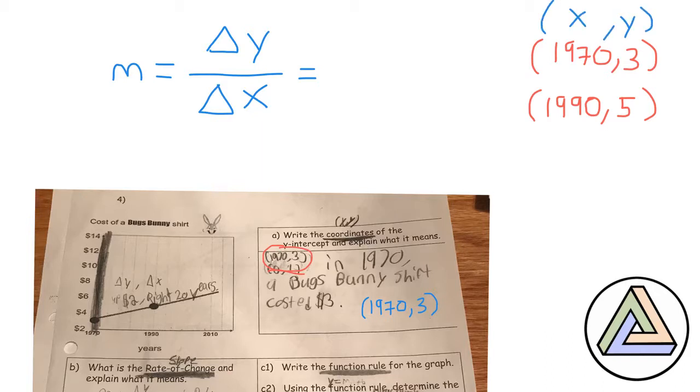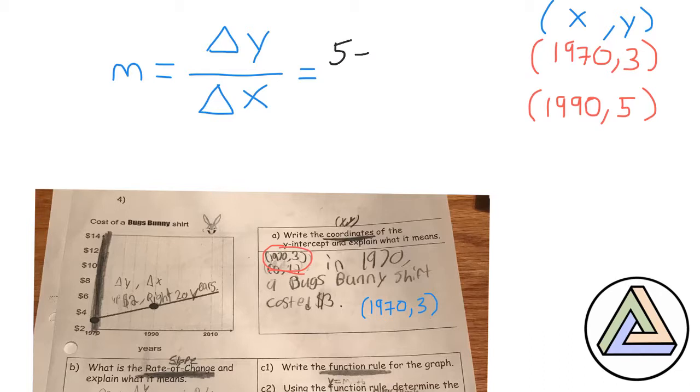So when we're dealing with the change in y, we want to deal with the change in y's here. And the change in y's would be 5 minus 3, or we could say the distance between 5 and 3. And the best way to figure out what the distance is between 5 and 3 is to subtract 3 from 5. So we're going to do that right now.